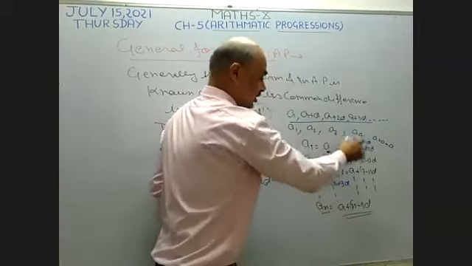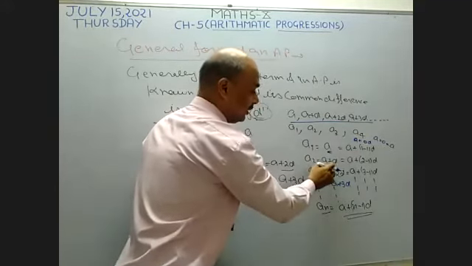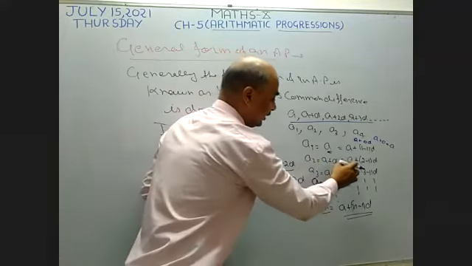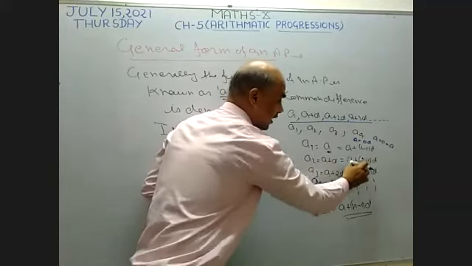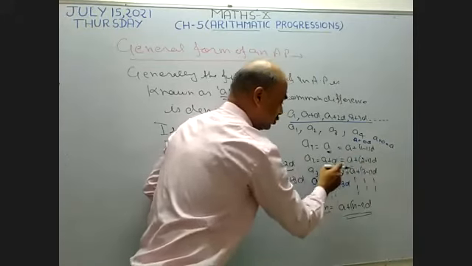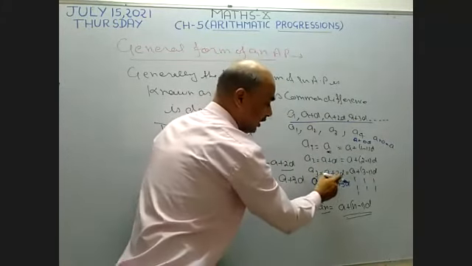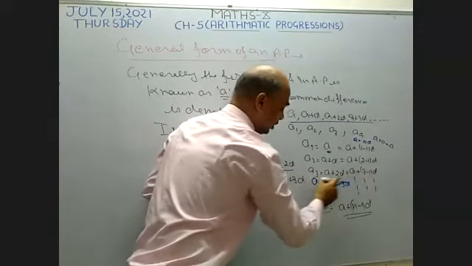Okay? In the same way, I write here A2. A2 is equal to A plus 1D. A plus 1D, I want to subtract 1 from this term. So I write A plus 2 minus 1 into D. 2 minus 1 is 1. So this becomes A plus 1D. A3 can be written as A plus 2D, and 2 can be written as 3 minus 1, because 3 is written and I want to subtract 1 from this number.